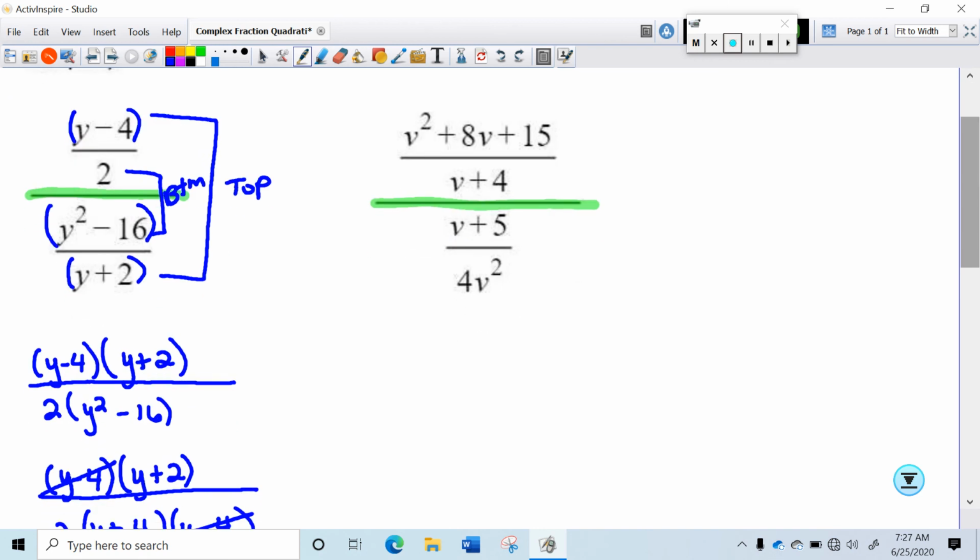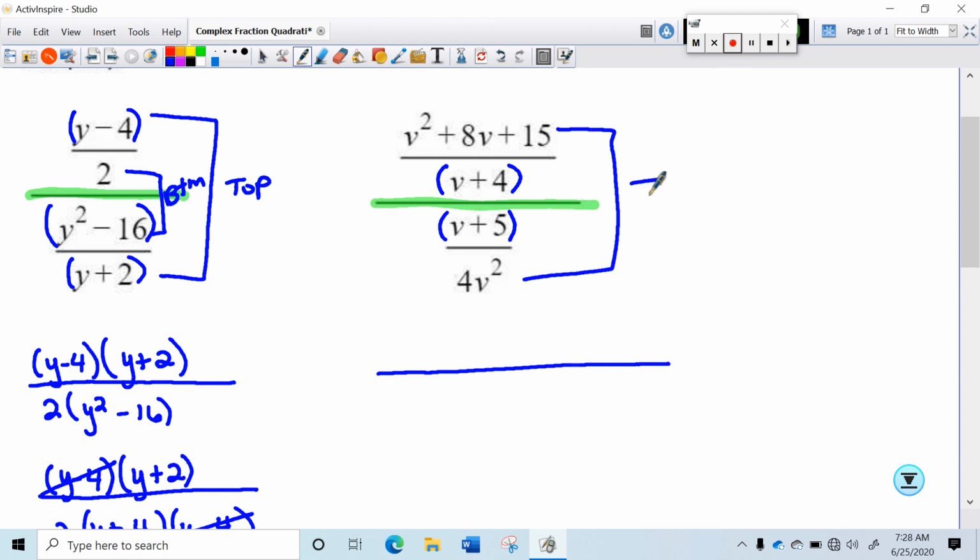Okay, so let me put parentheses around my binomials. Make my fraction bar. Outside goes on the top. So I have v squared plus 8v plus 15 and a positive 4v squared.